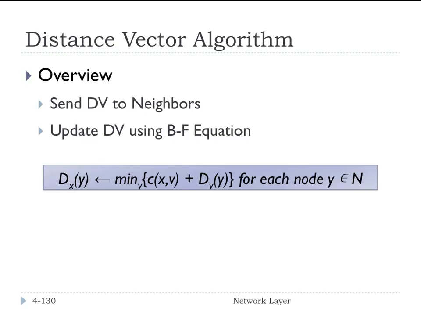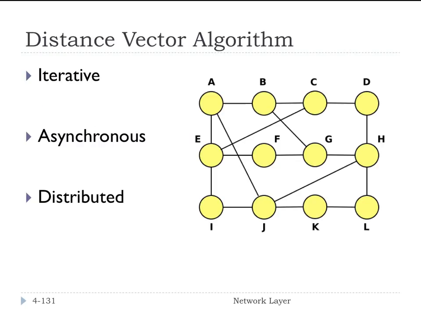And then we're going to repeat this process over and over again. And if things don't change in the network, this will converge. It will converge to the actual least cost path to each of those nodes. If a distance vector to any destination changes, then we have to notify our neighbors so that they can update their distance vectors.